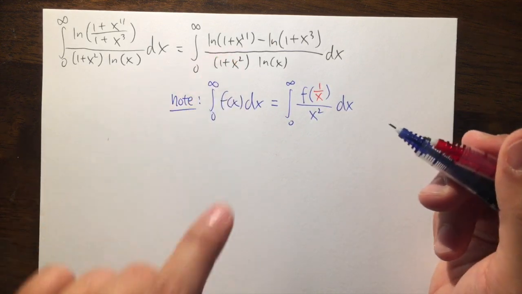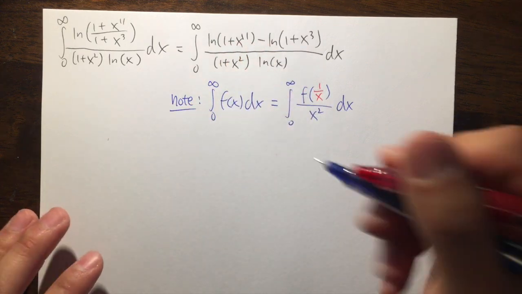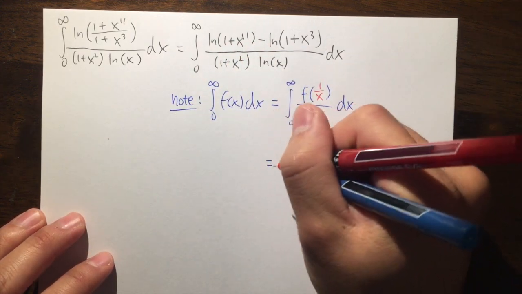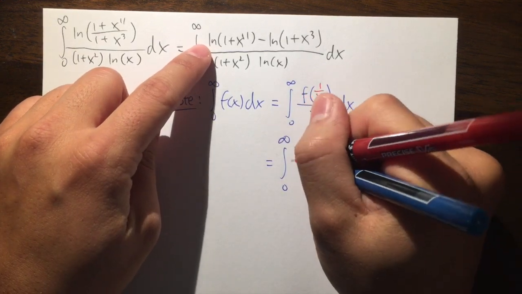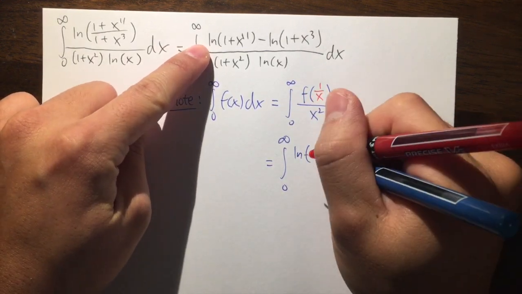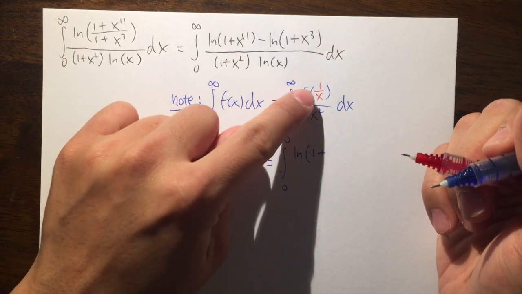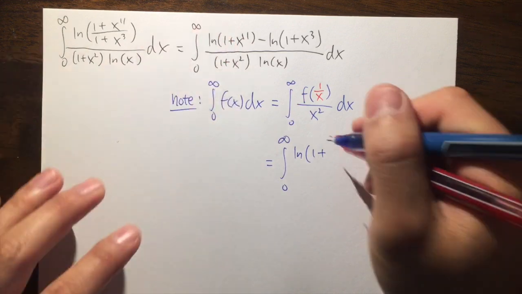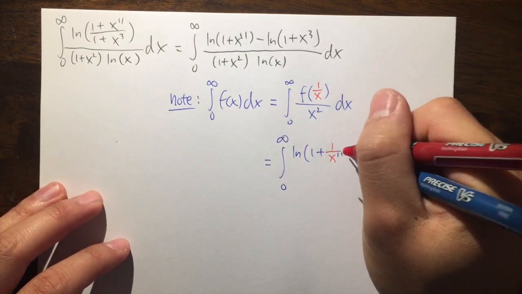So this right here is the original. I will first plug in 1 over x into all the x first, okay? So this right here is the integral going from 0 to infinity, and then we have ln of 1 plus, originally it was x to the 11th power, but this time I plug in 1 over x in here, so we actually have 1 over x to the 11th power, isn't it?